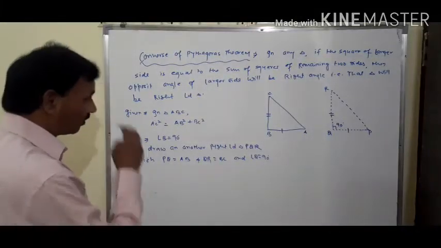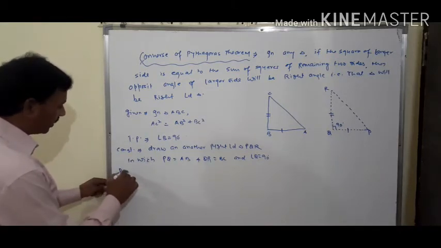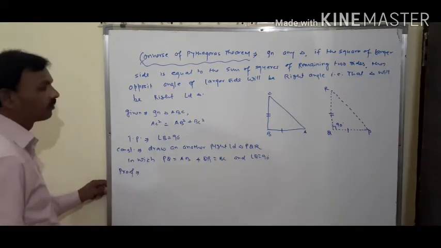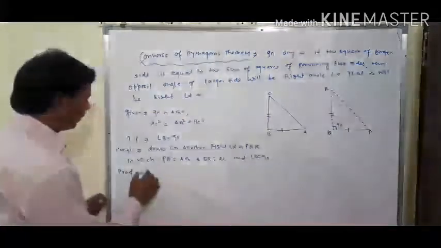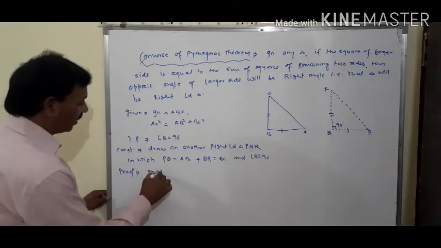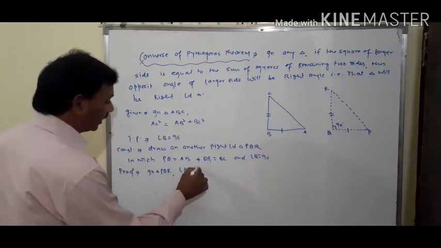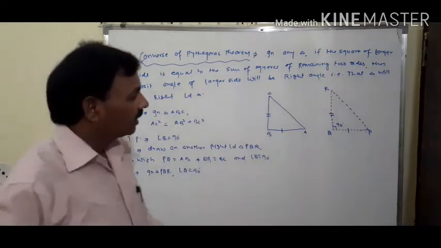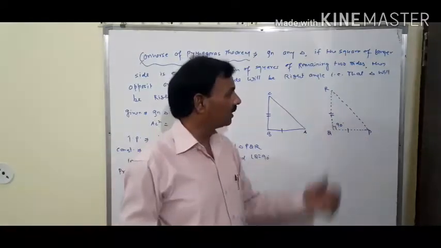Now we start the proof of this concept. First we take triangle PQR. In triangle PQR, angle Q equal to 90 degree. That means this triangle is a right angle triangle, so we can apply the Pythagoras theorem in this triangle.